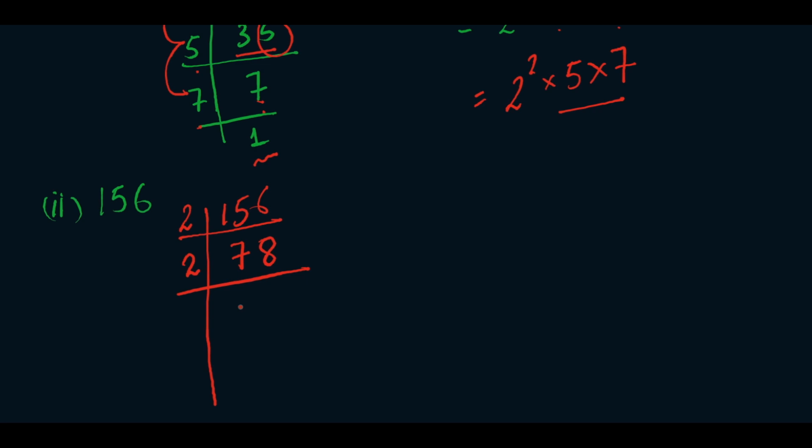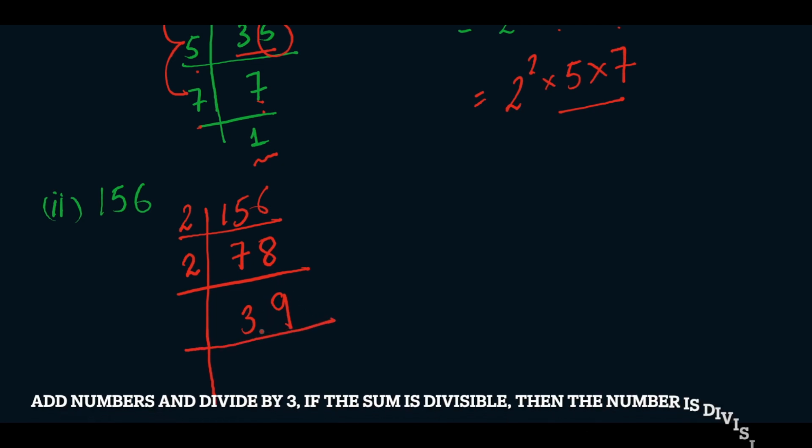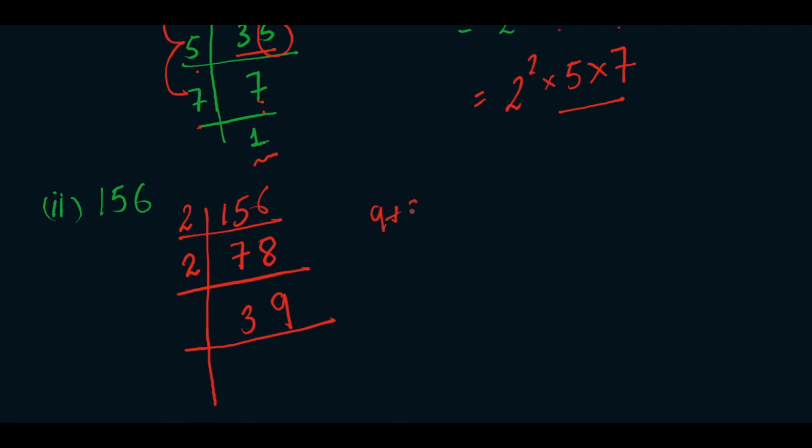So 2 3s are 6 and 2 9s are 18, we get 39. Now if you want to know whether a number is divisible by 3, just add its digits, 9 plus 3, which is 12. Now 12 is divisible by 3, so 39 will be divisible by 3. We divide by 3, we get 13. Now 13 is a prime number, so we divide it by 13 directly and we get 1.